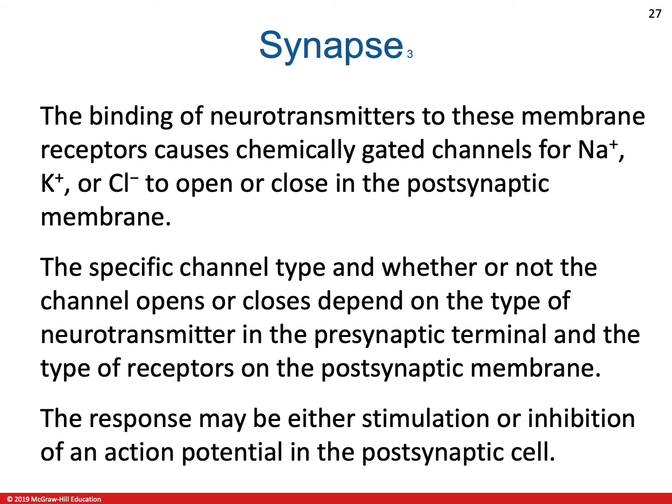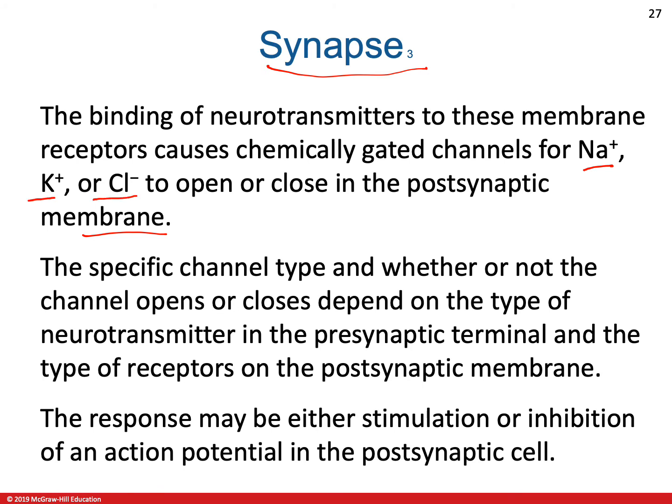Next is the synapse. The binding of neurotransmitter to this membrane receptor, what will happen? It will either open or close gated channels in the postsynaptic membrane, right? The gated channel can be a channel for sodium, potassium, or even chloride.